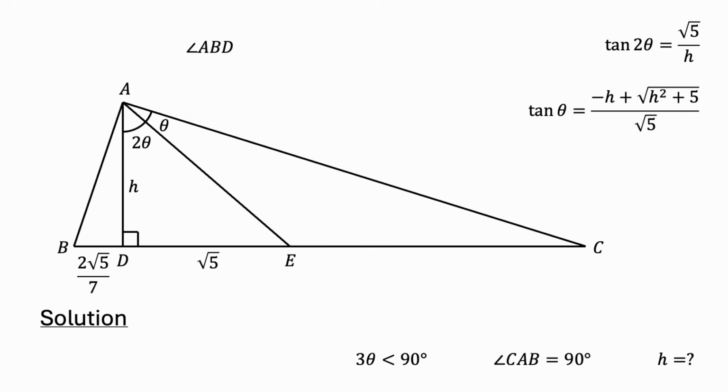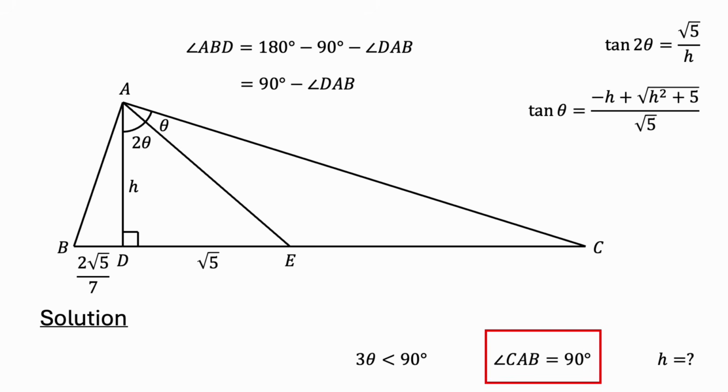Next, consider angle ABD, which is this angle. It equals 180 degrees minus 90 degrees minus angle DAB, which equals 90 degrees minus angle DAB. Since angle CAB equals 90 degrees, we have angle ABD equals angle CAB minus angle DAB, and thus equals 3θ.